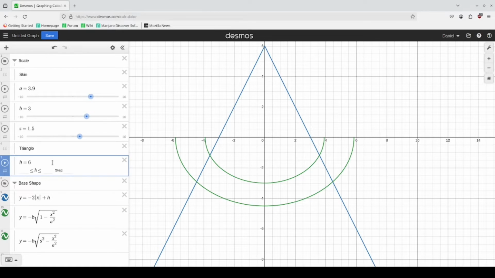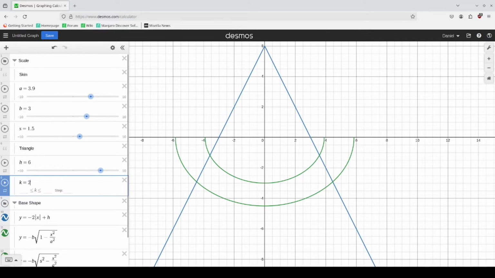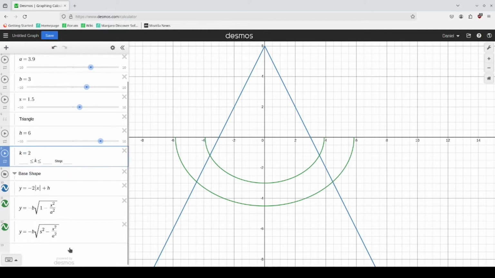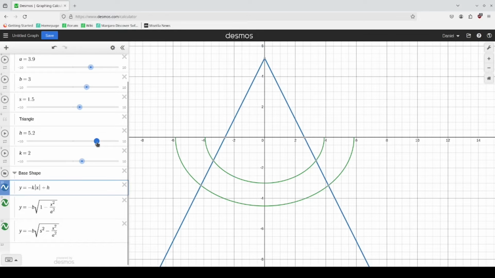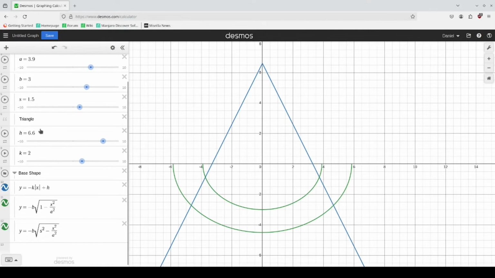So I'm going to call it K, as confusing as this is going to look, because H and K are often used for vertical and horizontal transformations. But we only have 26 letters in the alphabet, and unless we go for subscripting, this is what I'm choosing to do. And so if you have different names that you prefer, it will not offend me one bit.